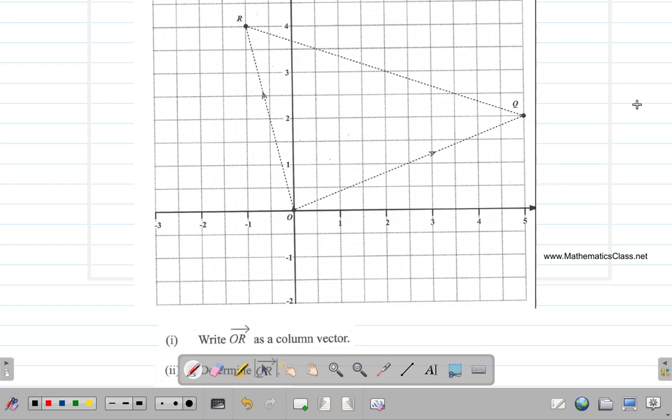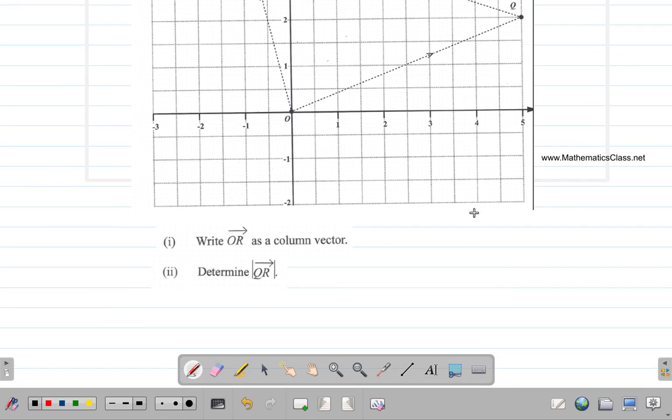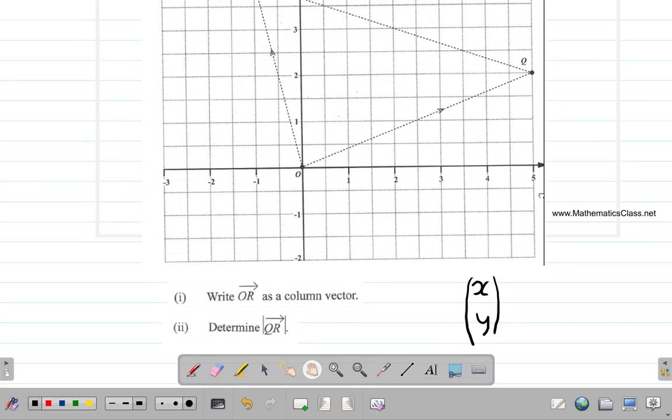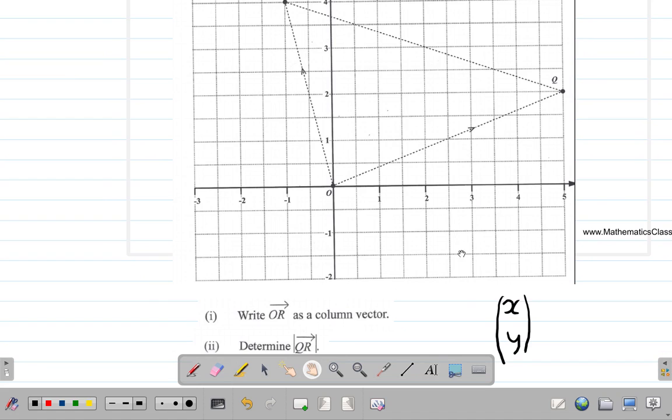Now remember, when you write a column vector, it is in the form X, Y, where X is the horizontal position and Y is the vertical position.